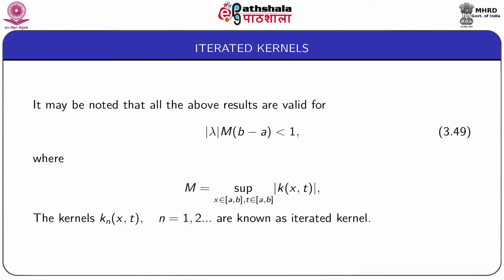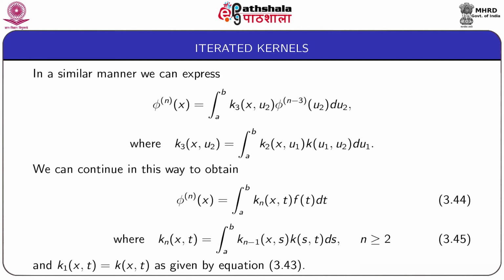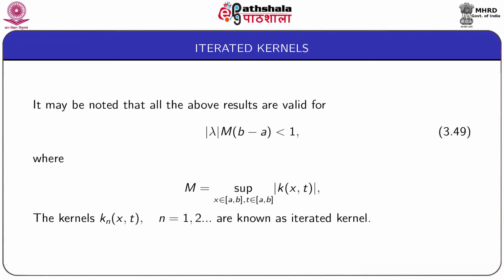The kernels kn xt as obtained in equation 3.45 are known as the iterated kernels.